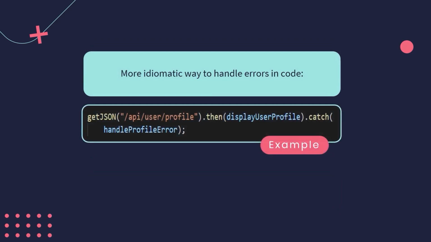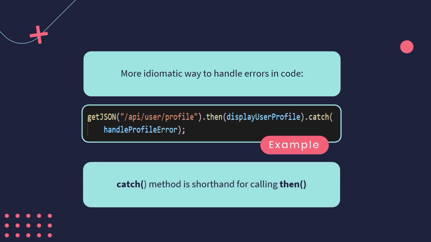With this code, a normal result from getJSON is still passed to displayUserProfile, but any error in getJSON or in displayUserProfile, including any exceptions thrown by displayUserProfile, gets passed down to handleProfileError. The catch method is just a shorthand for calling then with a null first argument and the specified error handler function as the second argument.